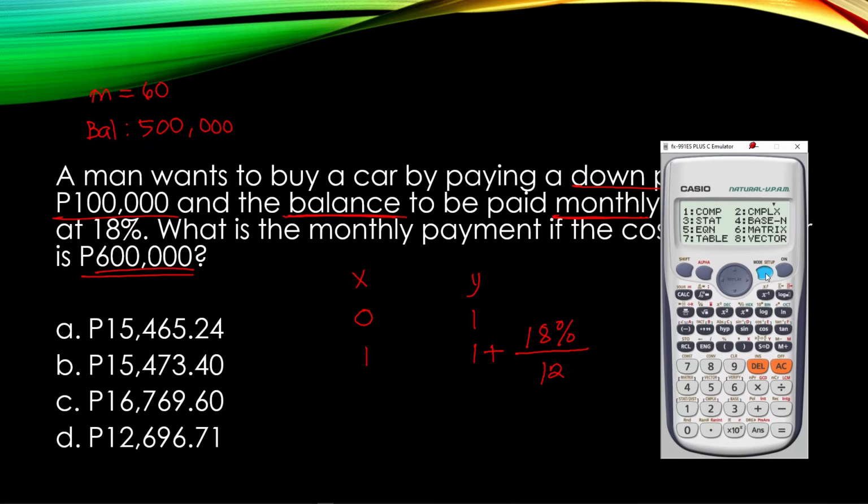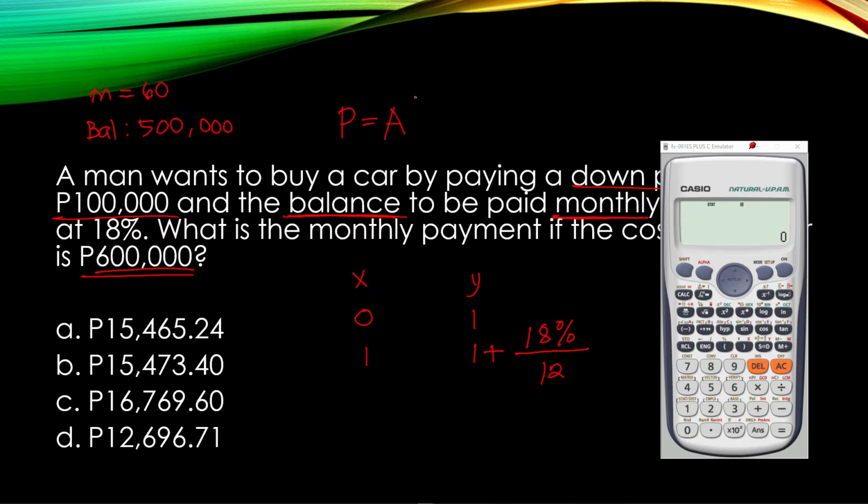We have mode 3, 6, 0, 1, and then we have 1 plus 18% divided by 12. Okay. Then press AC to store your table and then solve natin yung concept natin.